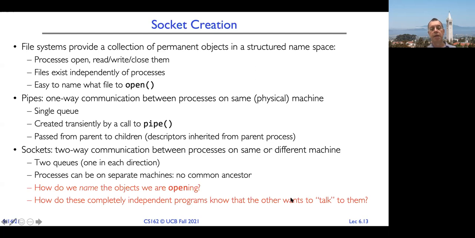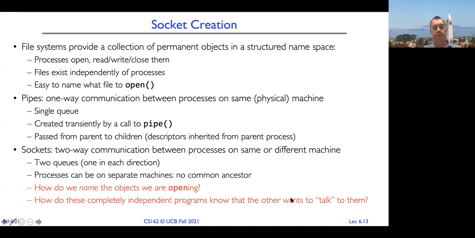with sockets, there are two things. One, unlike a pipe, which is one-way communication, with sockets you have two-way communication, right? You need both the sender and the receiver to be able to send data to each other. You'll see a little bit why that is.